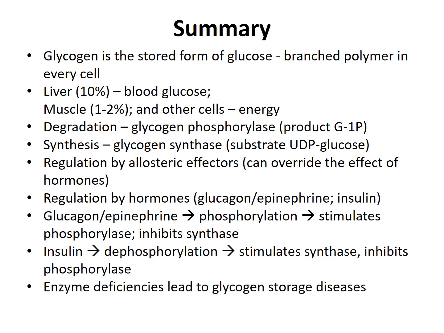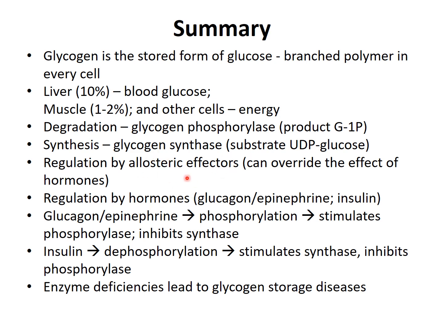I forgot about summary. Stored form of glucose. Liver, muscle contains a lot. They are different because liver is using it for balancing blood glucose, muscle is using it, and every other cell uses glycogen to produce energy. Phosphorylase and synthase are the two key enzymes, remember the names.